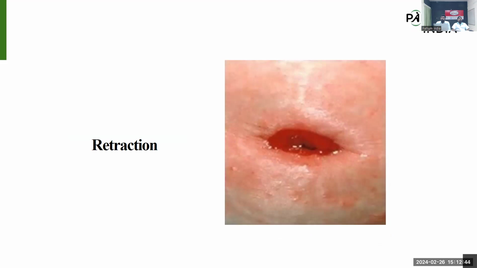In these retracted cases, if we use it, the fecal matter or secretion from the stoma will leak out through the gap. So for these types of retracted cases, we mainly use a modified convex type of colostomy bag.